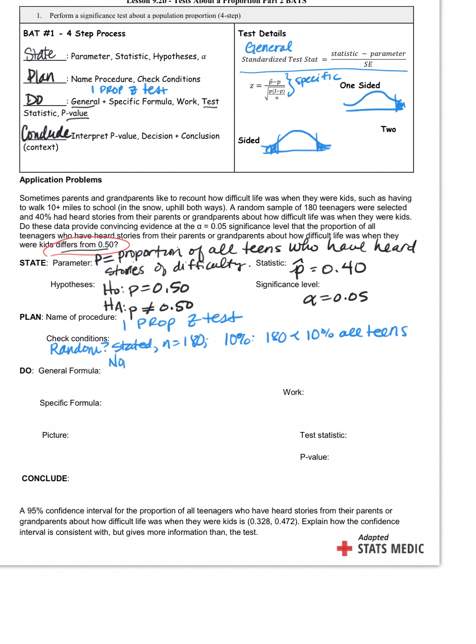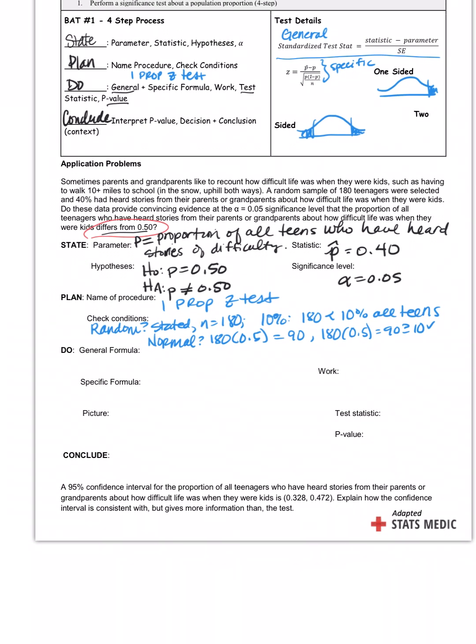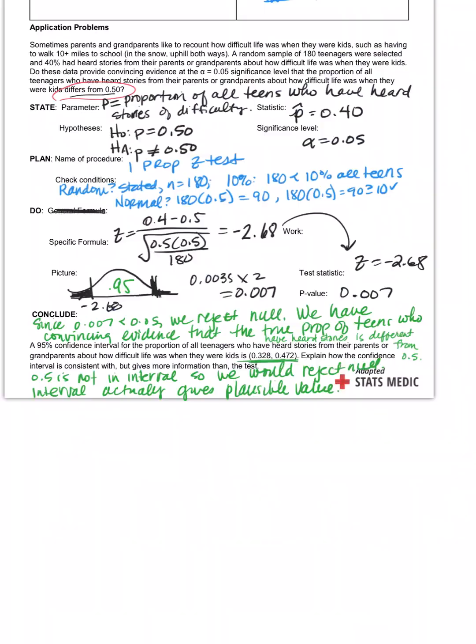And now we check to see, is it normal? Well, we got to use what to do that? The large counts test, and we use the null value, right? So we're going to do 180 times 0.5. What's that? 90. 180 times 0.5. That's 90. Both of them are greater than or equal to 10, so we're good to go. All right, so we've shown enough that the sampling distribution is going to be approximately normal. Okay, general formula, you don't have to worry about that. If you don't want to write it out, I get that. So let me switch over.